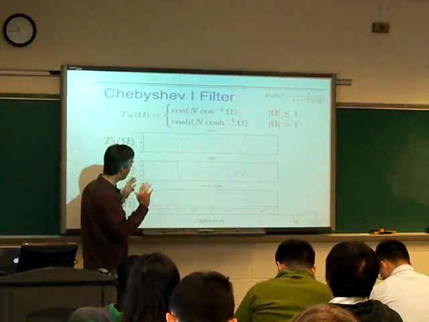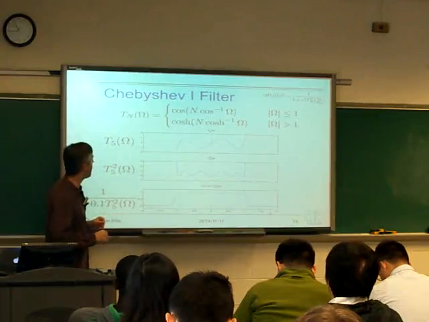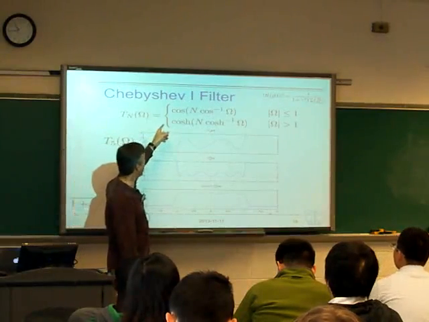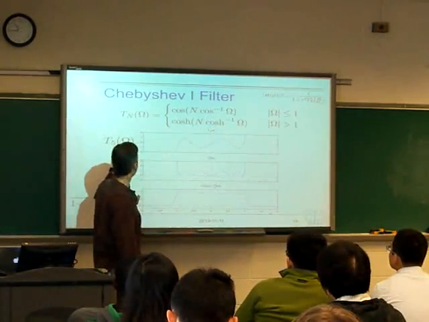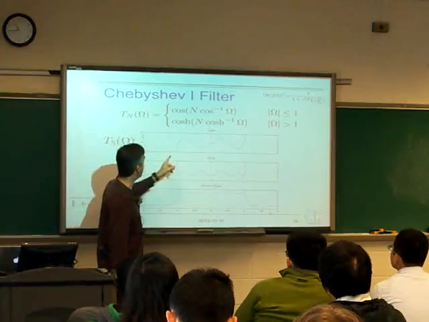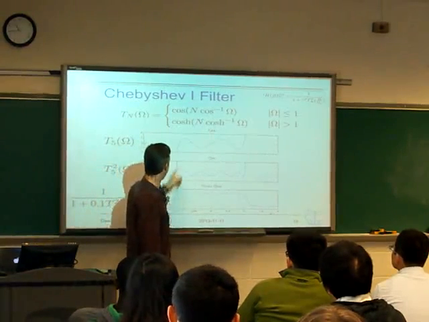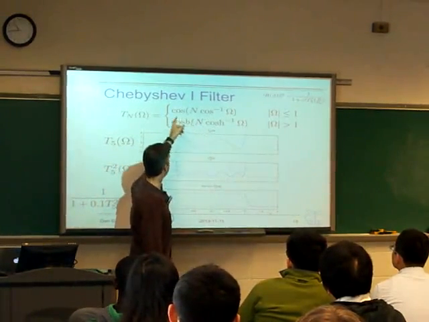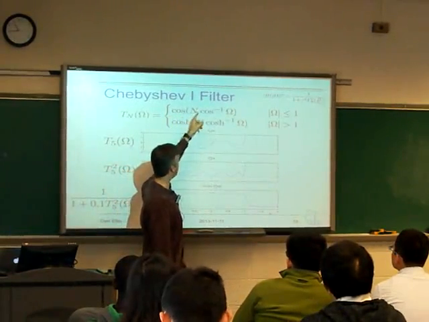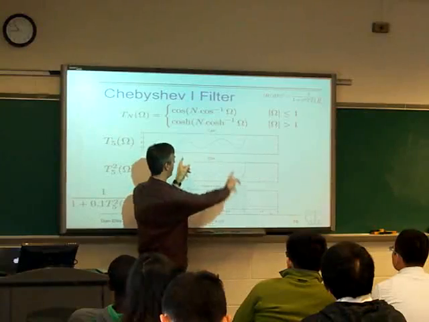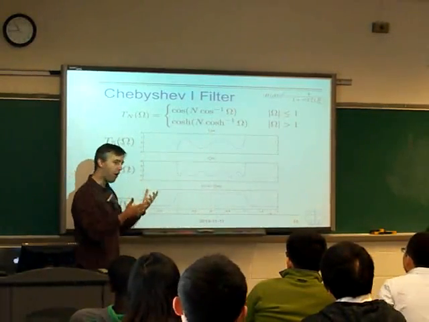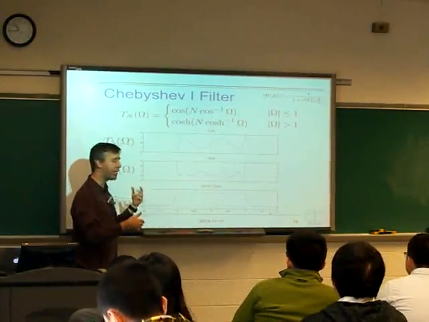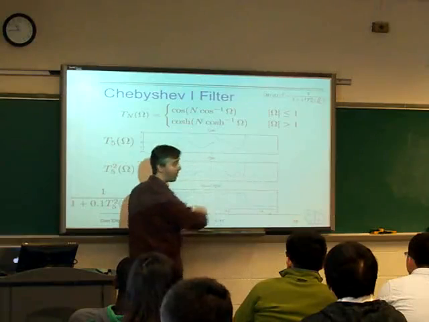Just to give you a little bit of insight into what's going on, this is the Chebyshev polynomial. Here's what it looks like if I plot it out: T sub 5, the fifth order Chebyshev polynomial. Between 1 and minus 1, it's the cosine of n times the inverse cosine of omega. If n was 1, it would be the cosine of the inverse cosine, which would just be y equals x, a straight line.